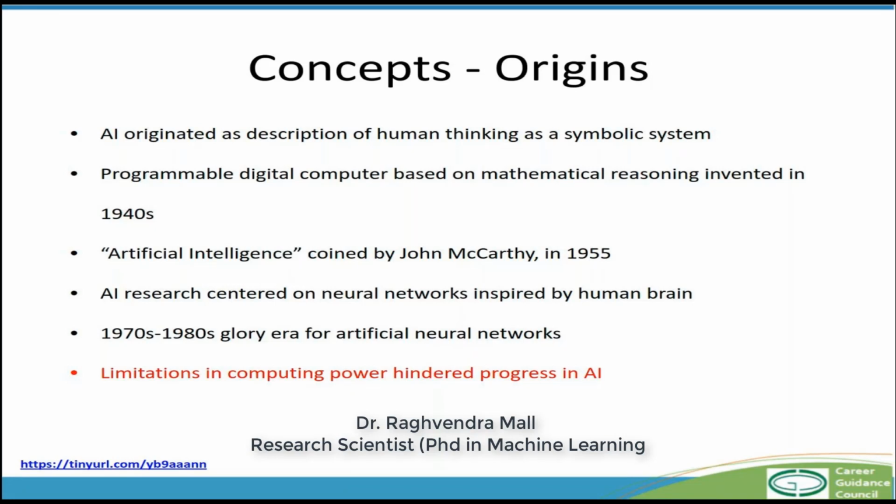That led to the decline of AI after the 1980s, and other techniques started to appear which fall in the machine learning branch, as we will see in a little bit of detail.